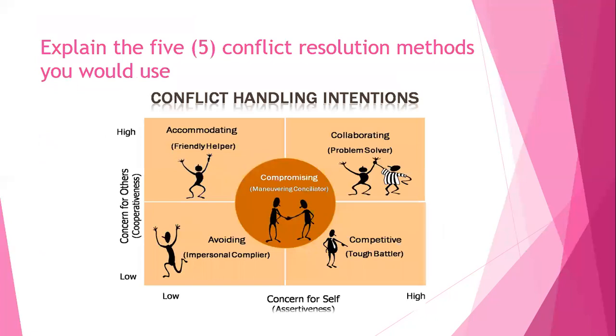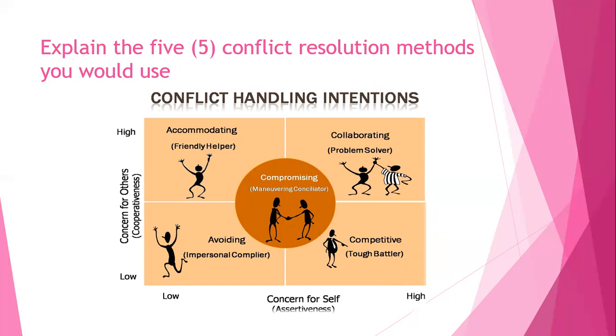Then, apart from this, what could be conflict resolution methods that we can use? There are basically 5 methods that can be used in order to reduce tensions. Number 1, we have a method known as accommodating. And of course, this is also termed the friendly helper.